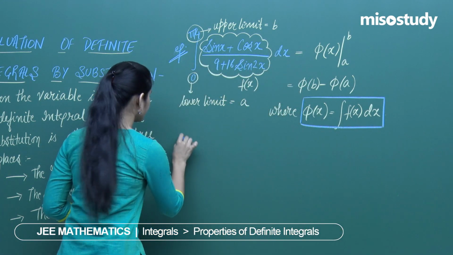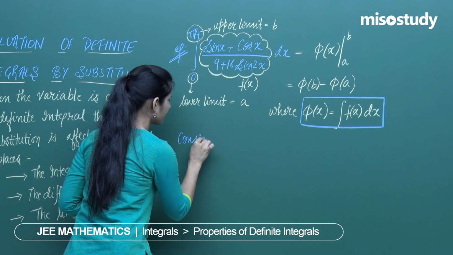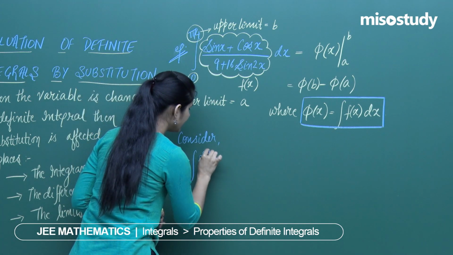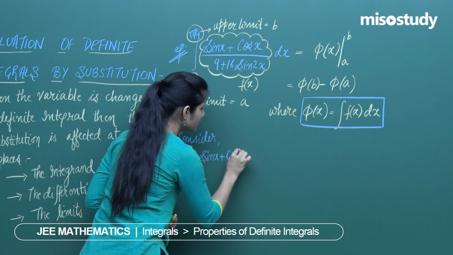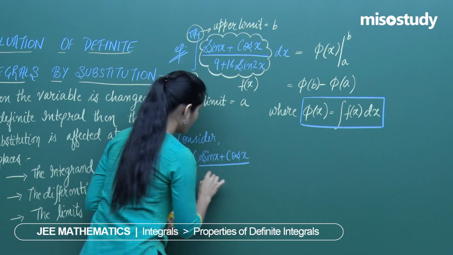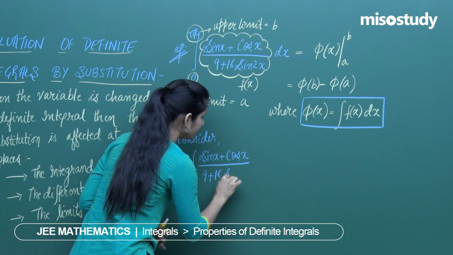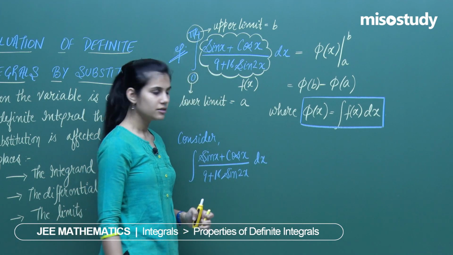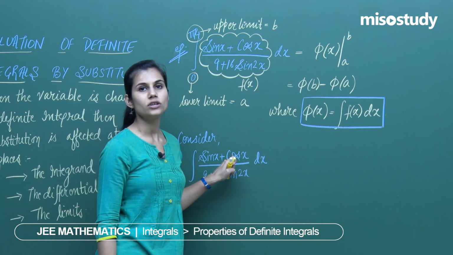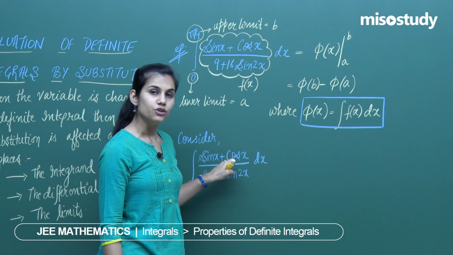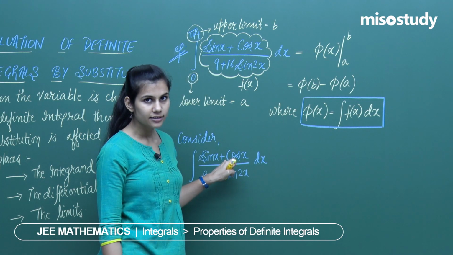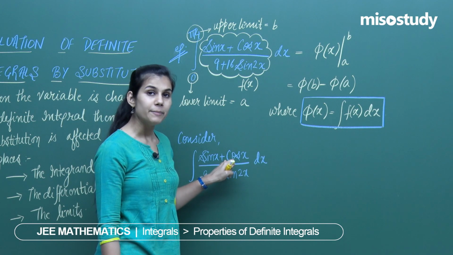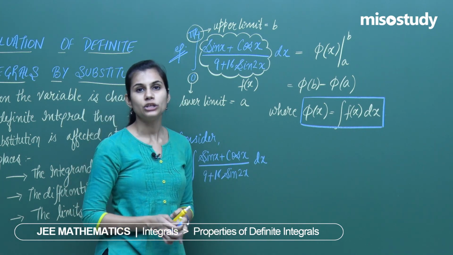If you consider the integral of f(x), which is (sin x + cos x) / (9 + 16 sin 2x), its indefinite integral. As you can see, sin x plus cos x is sitting in the numerator, so what are you going to take as t? sin x minus cos x is obvious to be taken as t, because sin x plus cos x is sitting in the numerator.